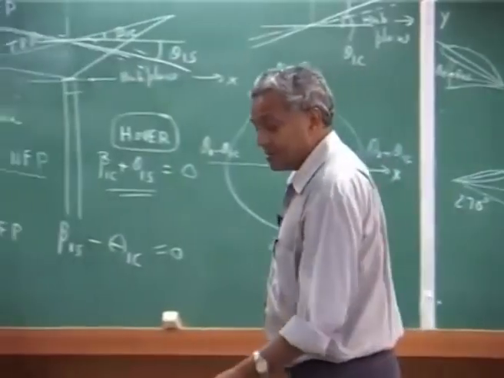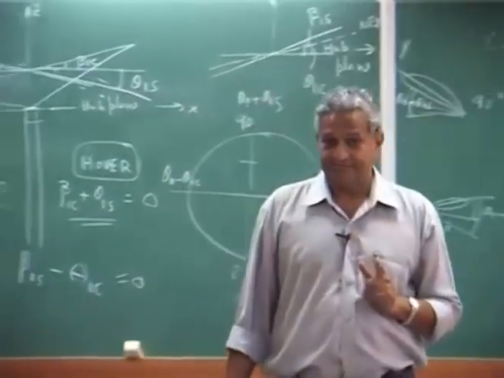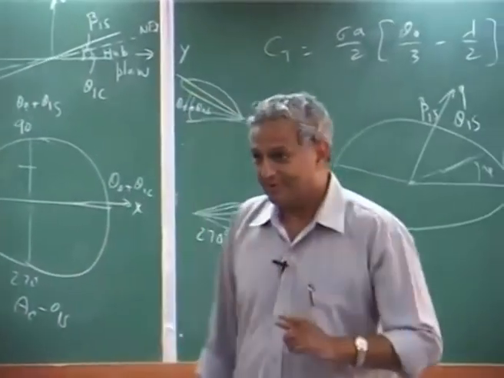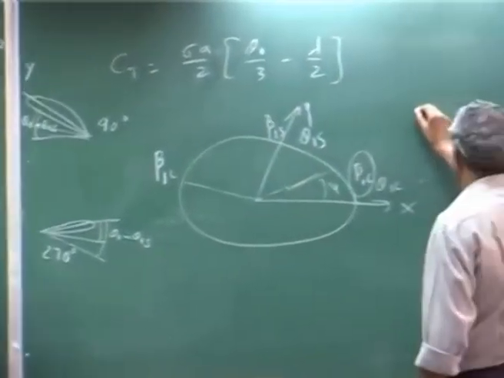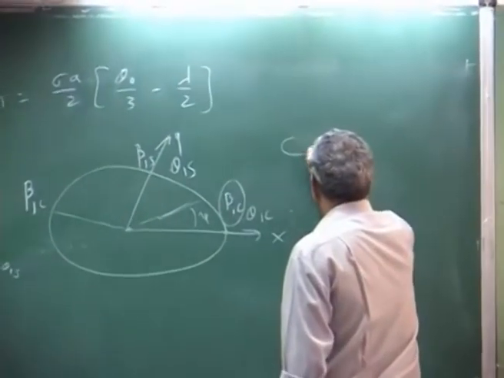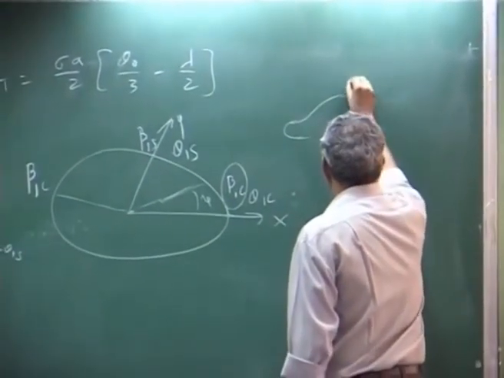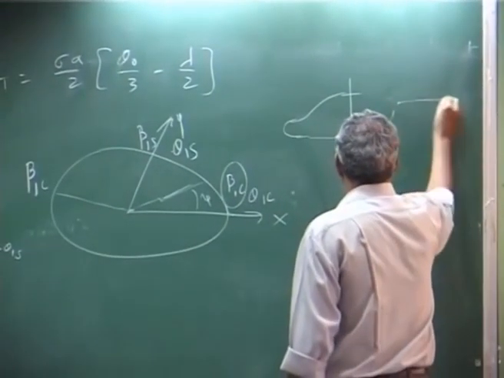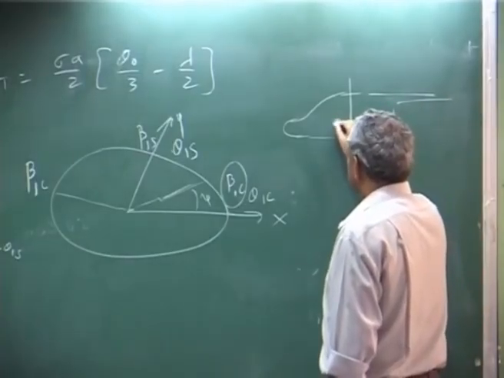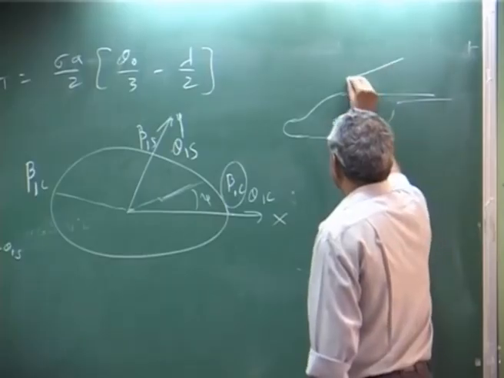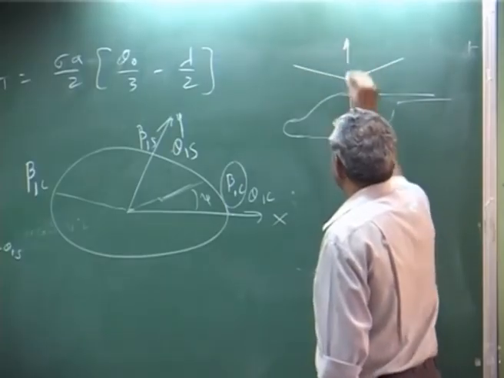If the CG is not on the shaft, okay, what will happen is, suppose you have the helicopter, okay, this is the shaft, CG is somewhere here. Then what will happen?